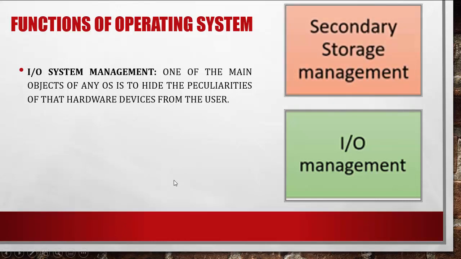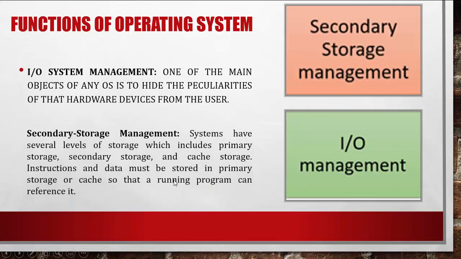Next one is secondary storage management. Systems have several levels of storage, which include primary storage, secondary storage, and cache storage. Instructions and data must be stored in primary storage or cache so that a running program can reference them.